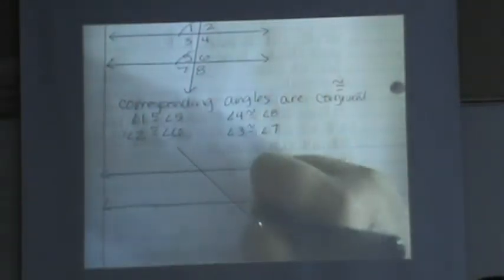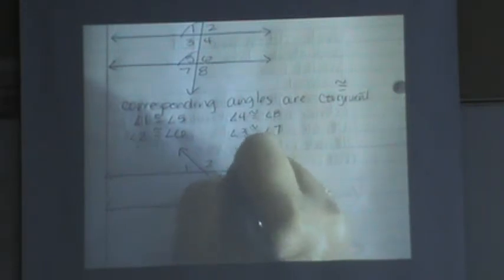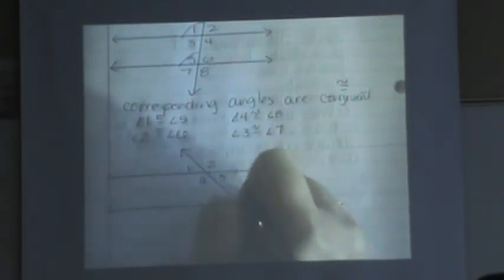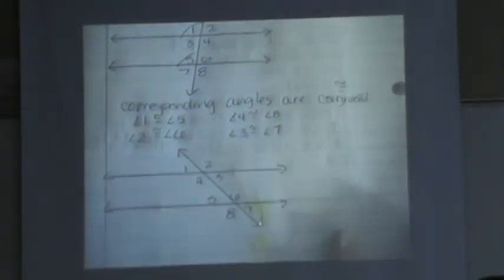I'm trying to draw this a little different each time so you can see that transversals and parallel lines can go any direction too. Okay, this time we've got parallel lines cut by a transversal, and we have discussed which angles are congruent.